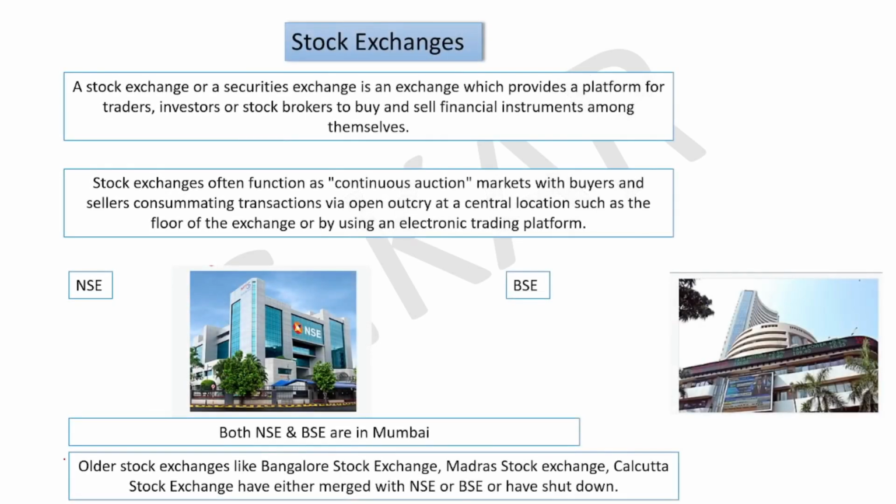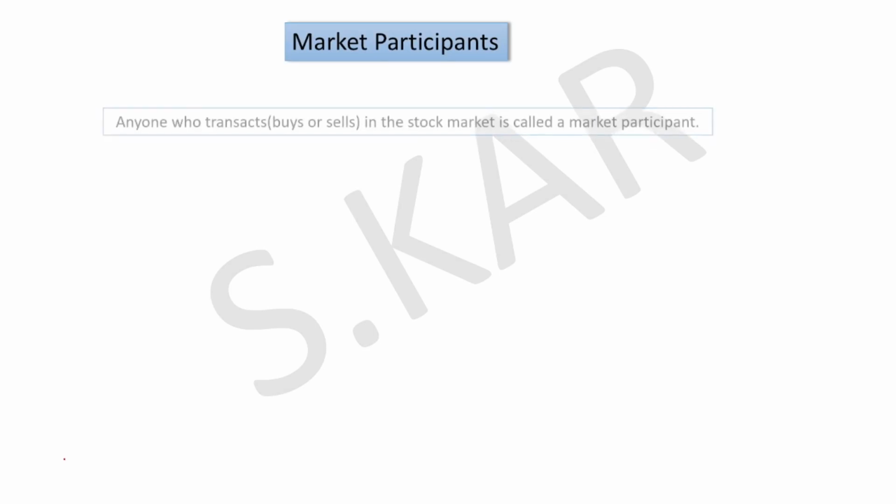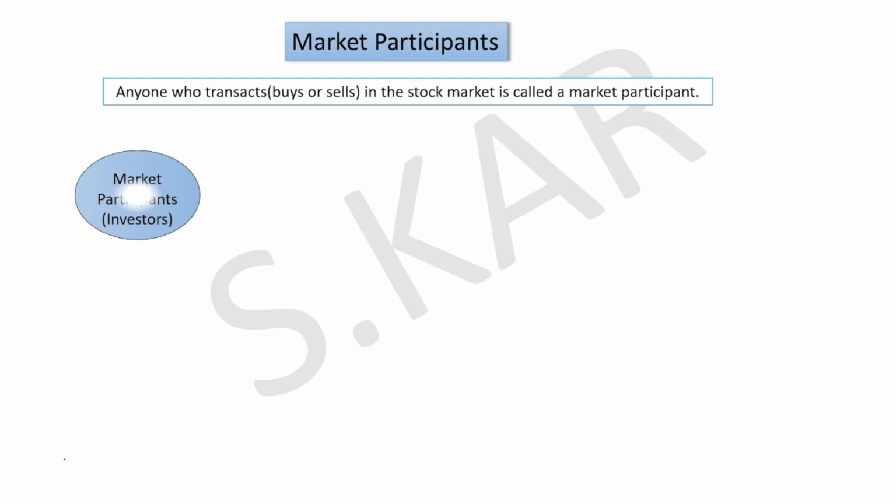Okay. So we understood what stock exchanges are and what stock exchanges do. So the next entity which we will know about are the market participants. Now anyone who transacts, that is who buys or sells in the stock market, is called a market participant.